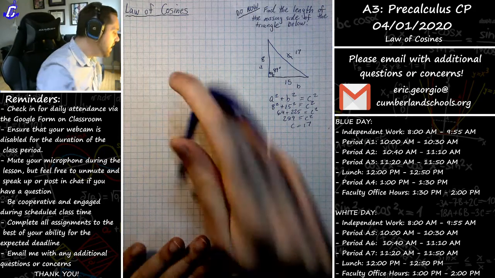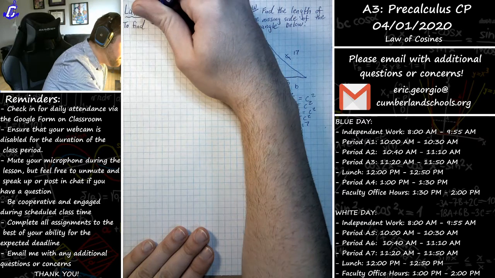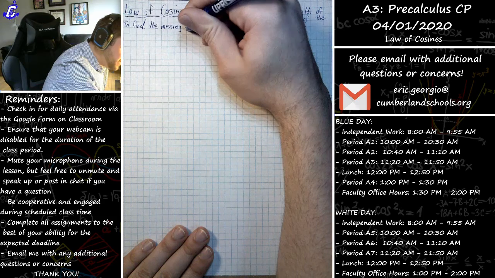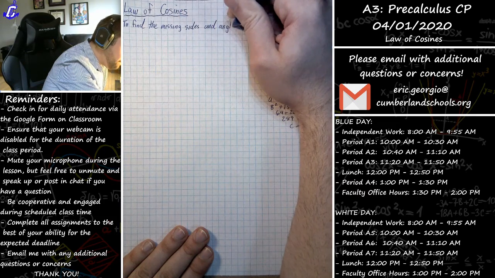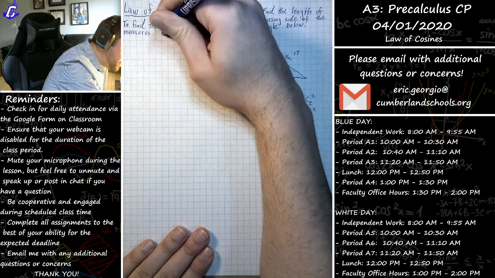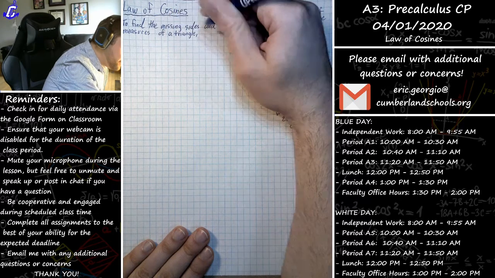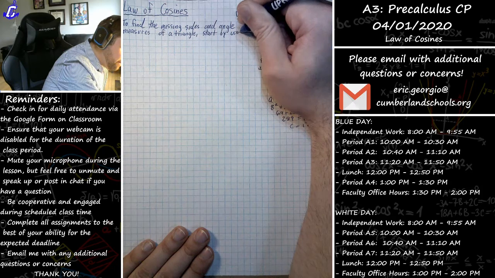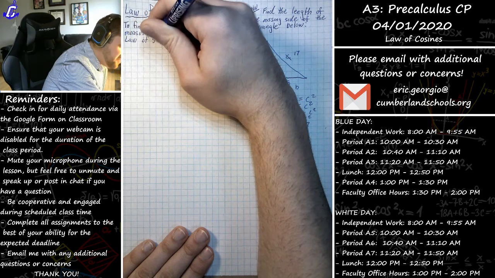So typically, I always say that to find the missing sides and angle measures of a triangle, start by using law of sines, if possible.